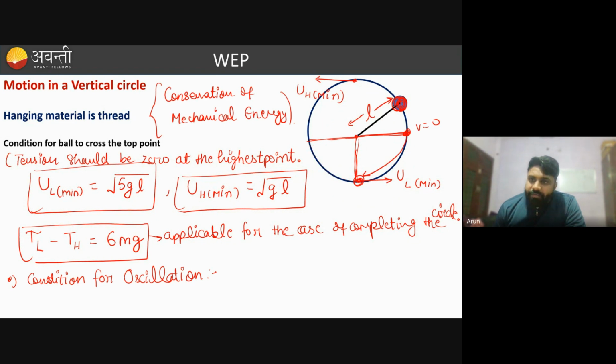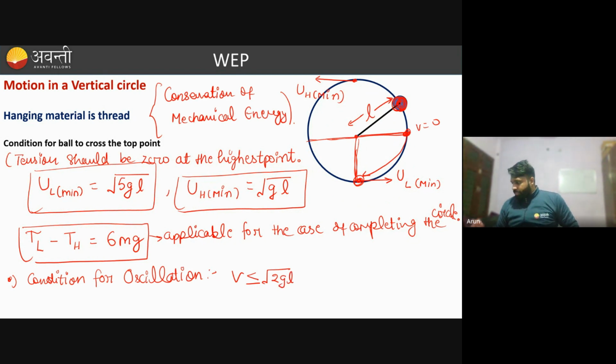So what should be the velocity that we impart at the lowest point so that it will start oscillating? That velocity should be less than or equal to root 2gL.